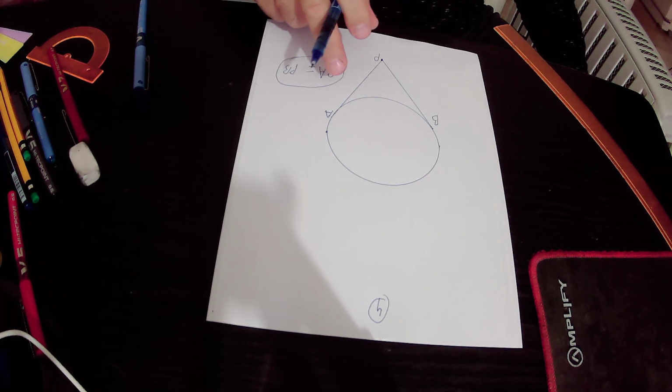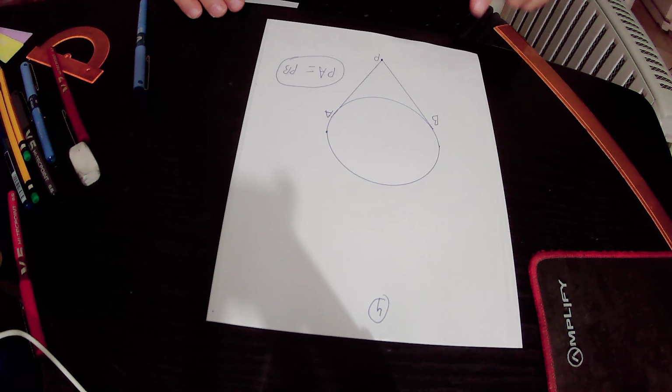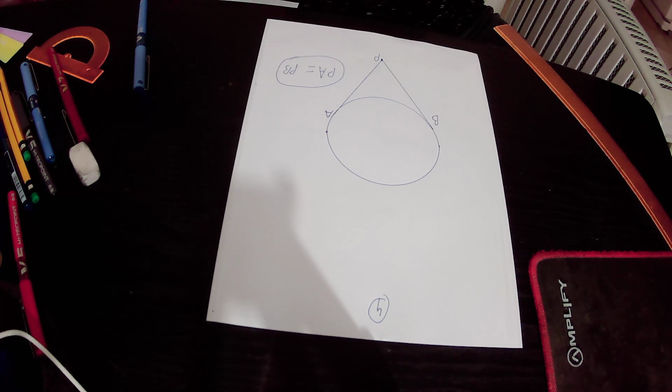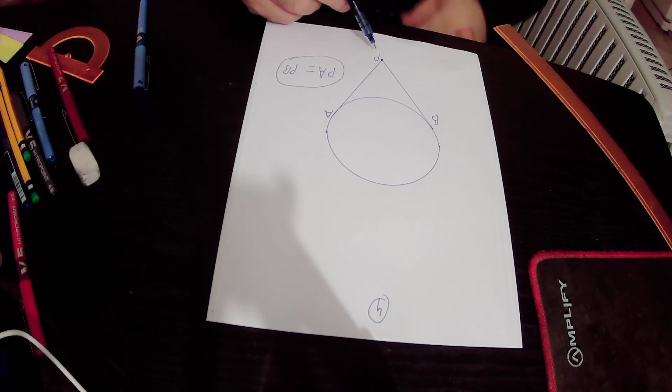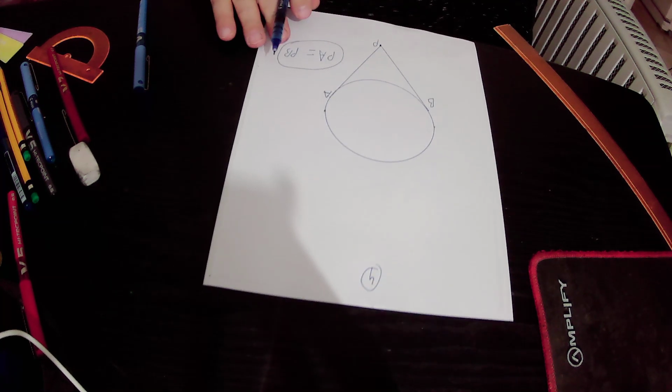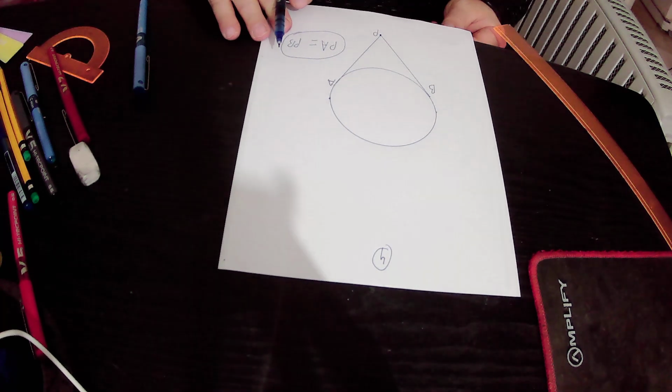The length of the first tangent is PA and the length of the second tangent is PB, and according to rule number 2, the lengths of those two tangents are equal. That is to say, PA is equal to PB. Okay? So that was the second rule.